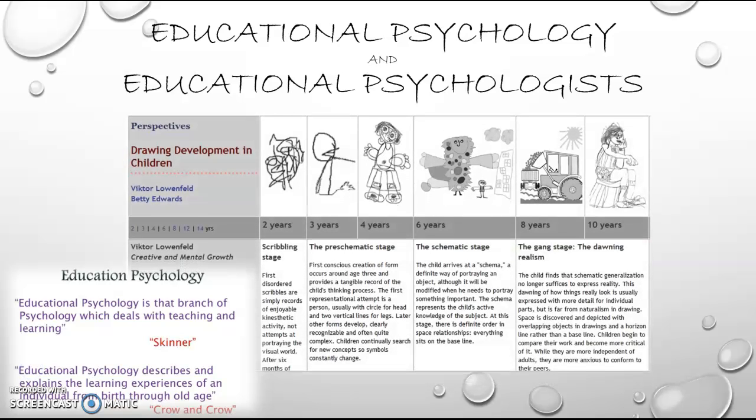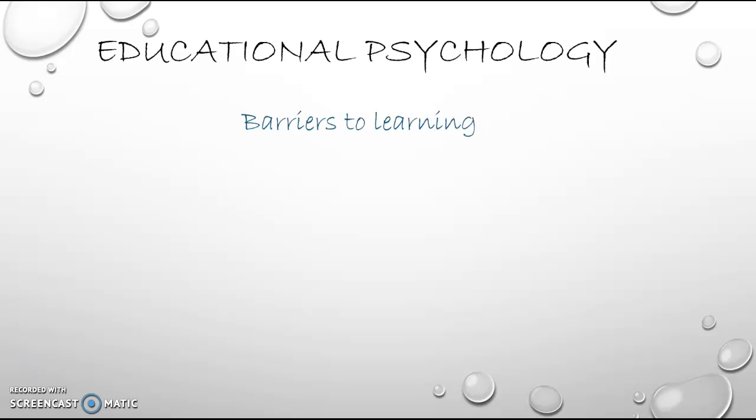If you have a look here, I've given a drawing of what children are supposed to have developed, or how can I say, to have achieved a certain level within their learning stages as they are children. So you can see I've done it from 2 years and they scribble at the first stage, 3 to 4 years, 6 years, 8 years, and 10 years. So it will be our intermediate phase, which will be the older age groups.